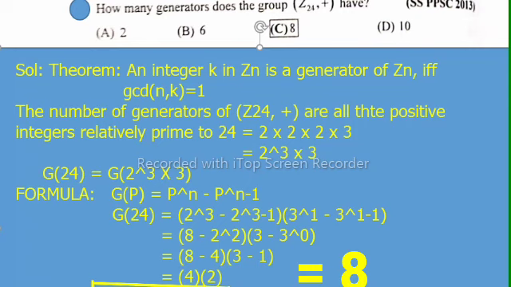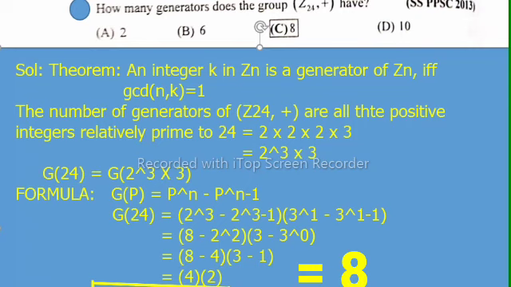So the prime factorization of 24 is 2 multiply 2 multiply 2 multiply 3. So 2 repeats 3 times, so 2 power 3 multiply 3. Generators of 24 is equal to generators of 2 power 3 multiply 3. The formula is: generators of p, meaning a prime number, is equal to p power n minus p power n minus 1.